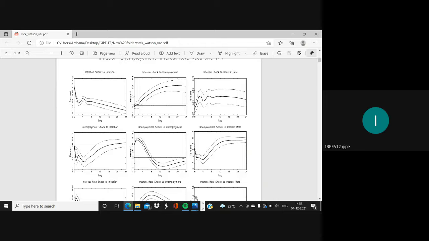That's why if you look at the instantaneous impact, it's actually 0. There's no effect on inflation if there's an epsilon ZT shock instantaneously. Then in the next few time periods, you begin to see the impact. How is it being transmitted over here? Through the lag terms.